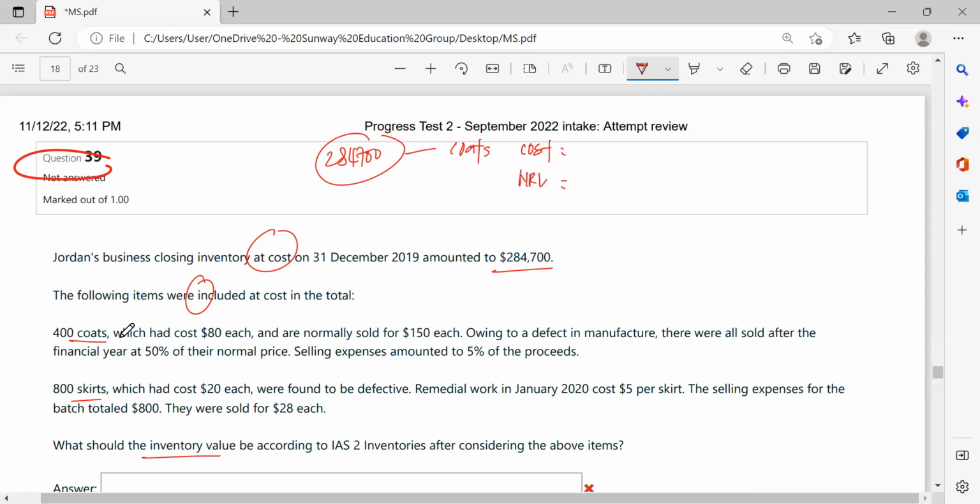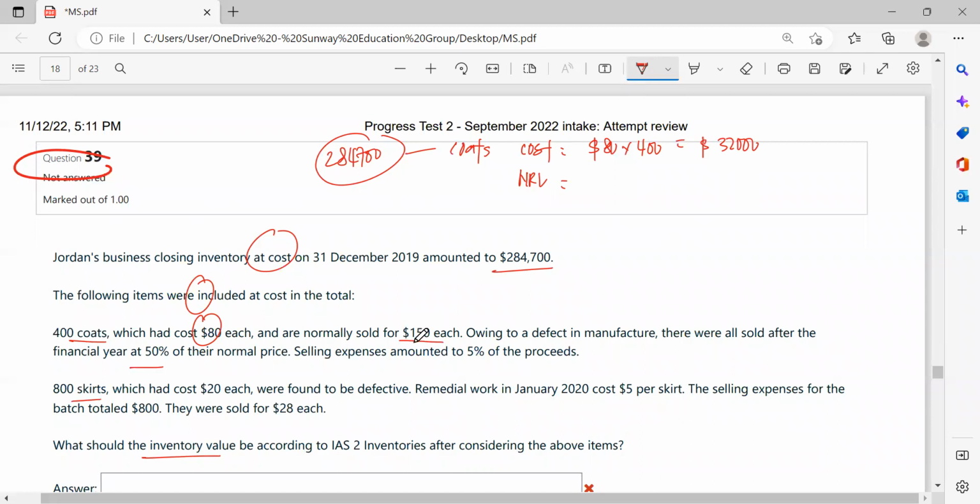For the cost, it's $80 each, so it should be simple: $80 multiplied by 400, so the cost is 32,000. It sells at the normal price of 150, but due to defect, they have to sell at 50% of the normal price, meaning half price, $75.